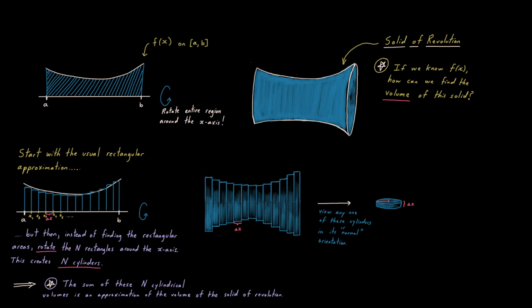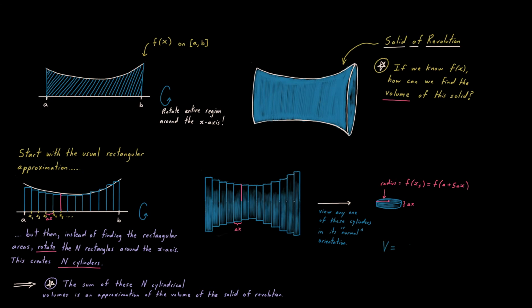And what's the radius? Well, the height is delta x. The radius, which I'll draw here in pink as well, and now I'll take that and draw that in pink as well on the leftmost graph, is the function value of, in this case, the fifth one, f of x sub 5. And what's f of x sub 5? Well, x sub 5 is a plus 5 delta x. We're using right endpoint rectangles.